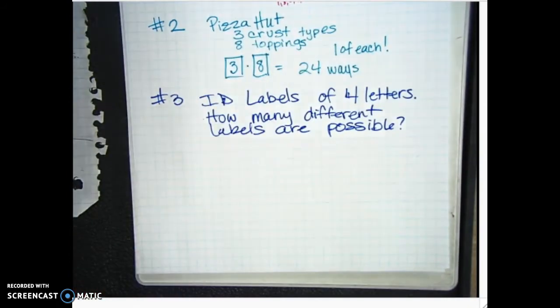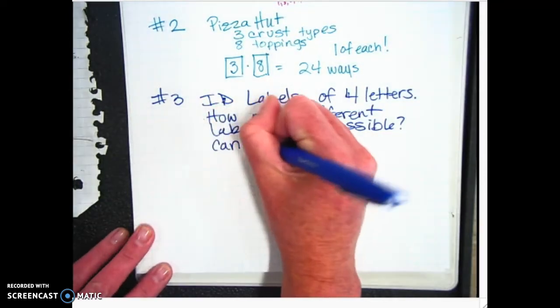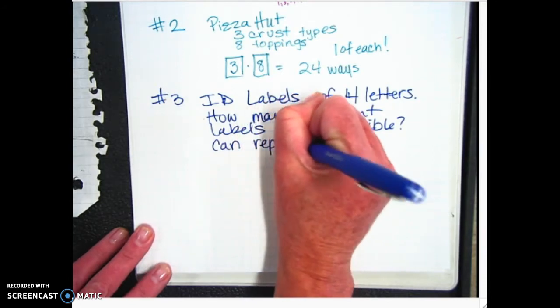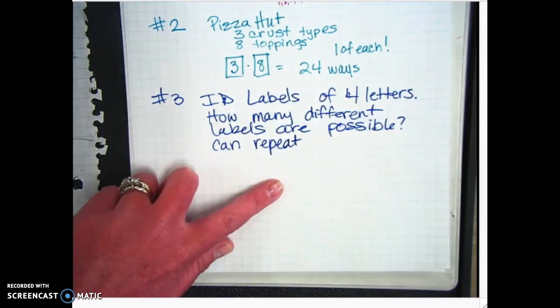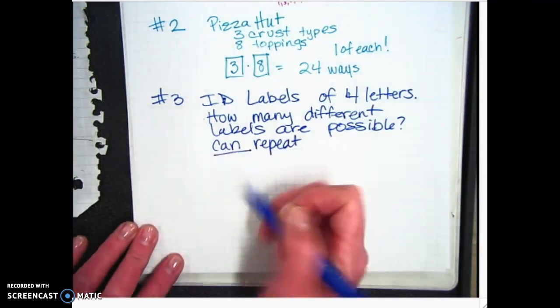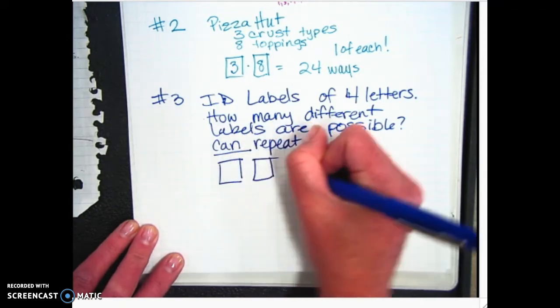The letters could repeat, like you could have S, S, S, S. Sometimes it'll say things like it cannot repeat, but we're doing one that can repeat. You've got 4 letters, so you're going to make 4 boxes.